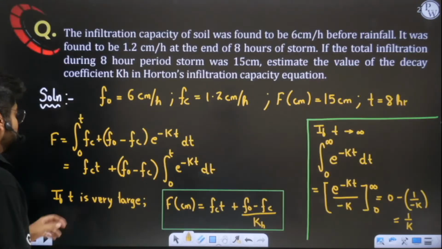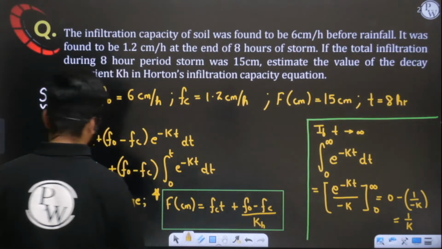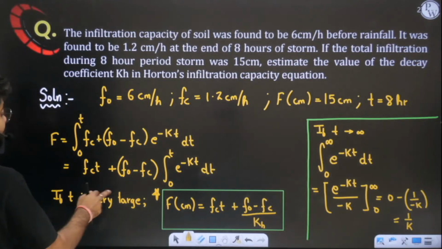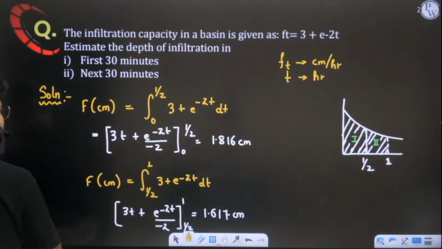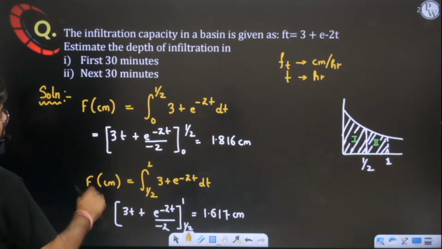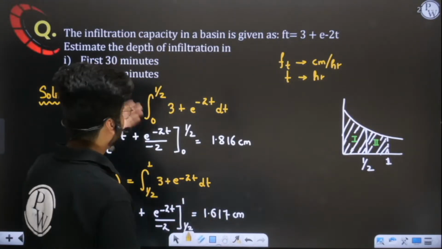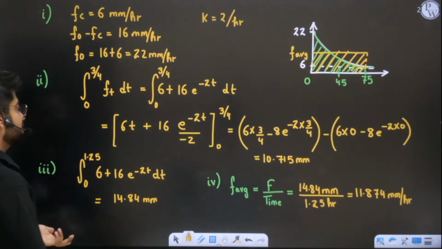You can note it down in your notes, that whenever time is very large. See, you need to understand the difference between this question and this question. In this question the time duration is 30 minutes only. 30 minutes is less time. 30 minutes, next 30 minutes, 45 minutes.